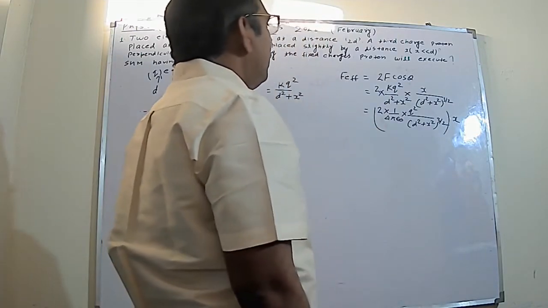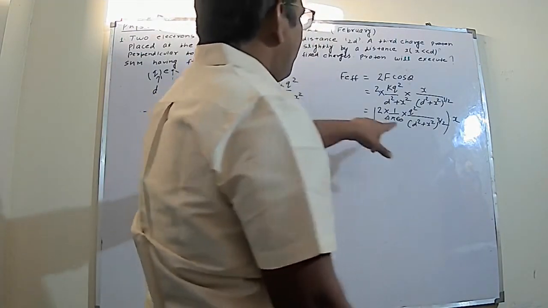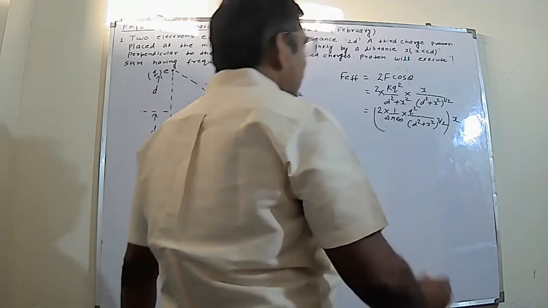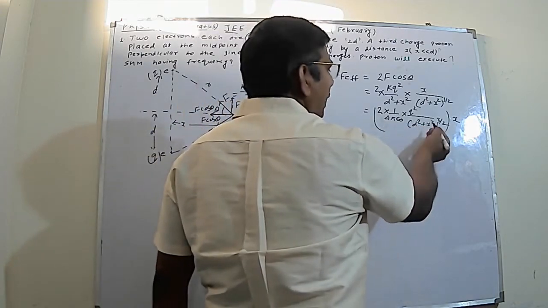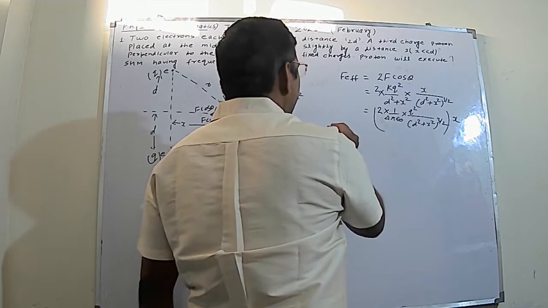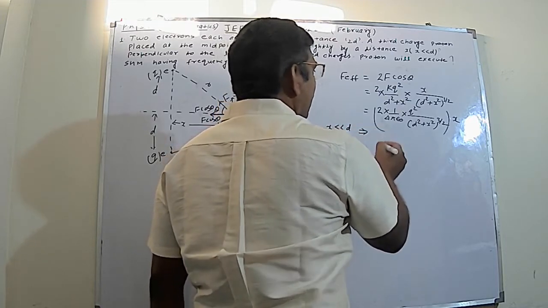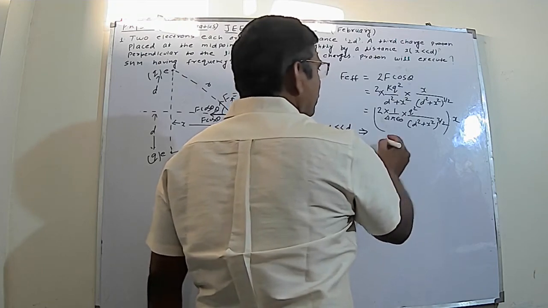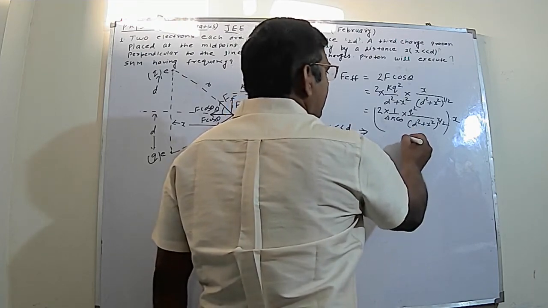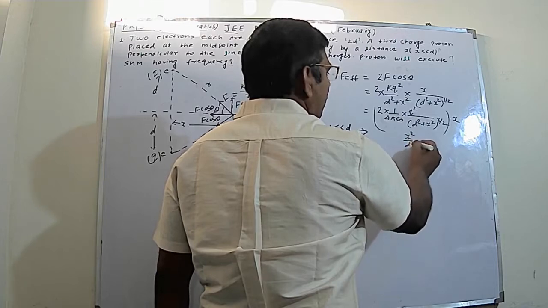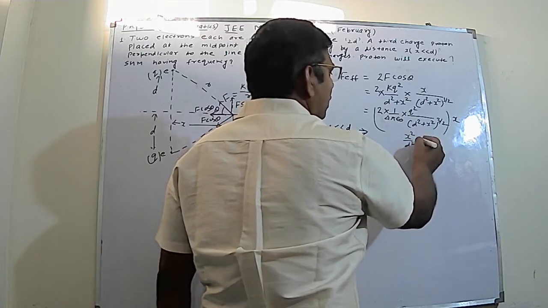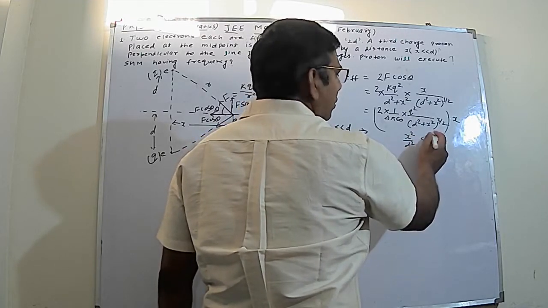Again, from here we can further simplify, because we know that x is very small compared to d. If we take the x square by d square term, because it is a second order term, it is almost 0.